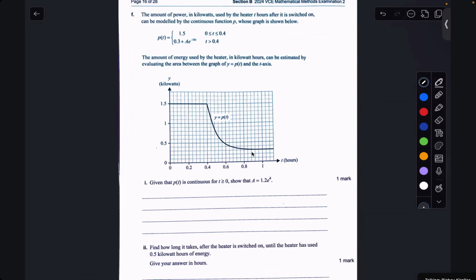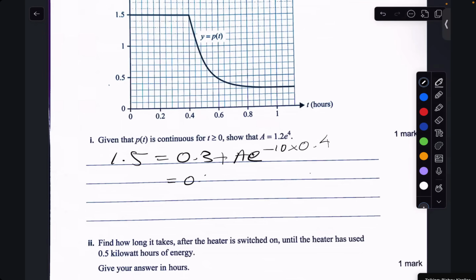So 1.5, these should join. 1.5 is equal to 0.3 plus A e to the power of negative 10 times 0.4, which is equal to 0.3 plus A e to the power of negative 4. So 1.2 is equal to A e to the negative 4.